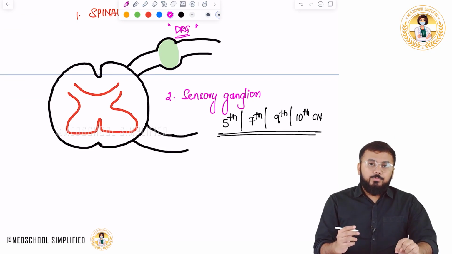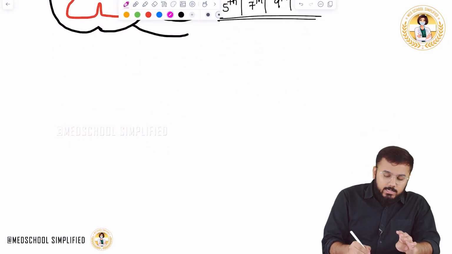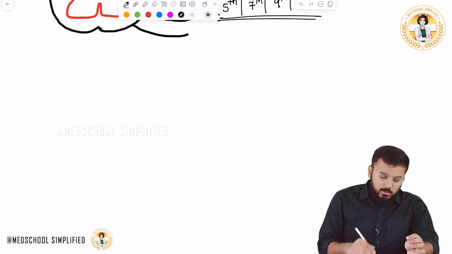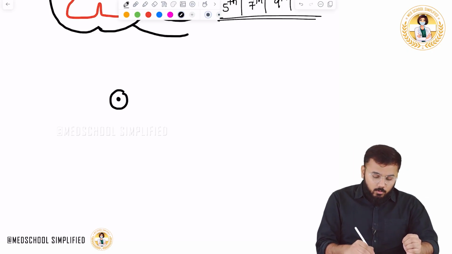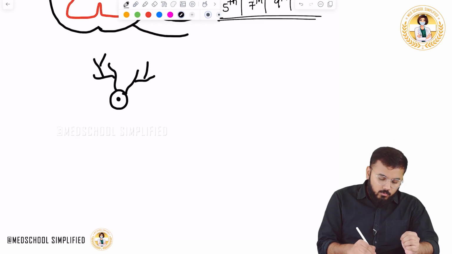Now, based upon poles, there is one more. Let me first draw the picture and then I will write down the name. So this is the cell body, right? Now from the cell body, you see these structures that are coming out. What are these structures?